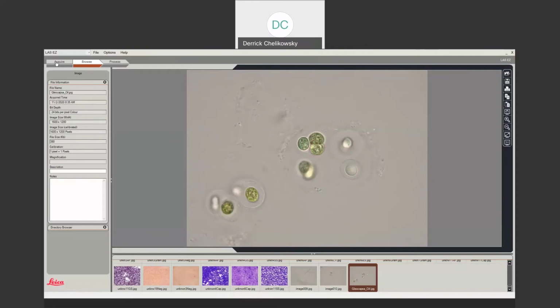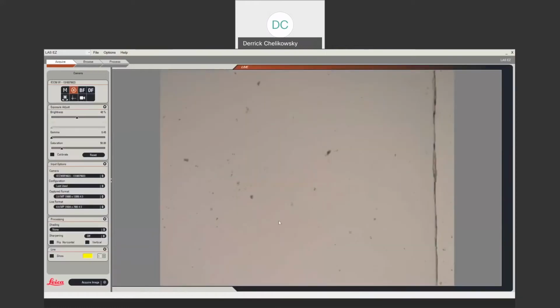Now, the next one we're going to take a look at is Chlorella pyrenoidosa. I always have a hard time with this one. The pyrenoid is the base of the species name. And once again, we're going to look at our Leica system. We're going to go to our acquire. And typically, Chlorella is a rather fast-moving alga.